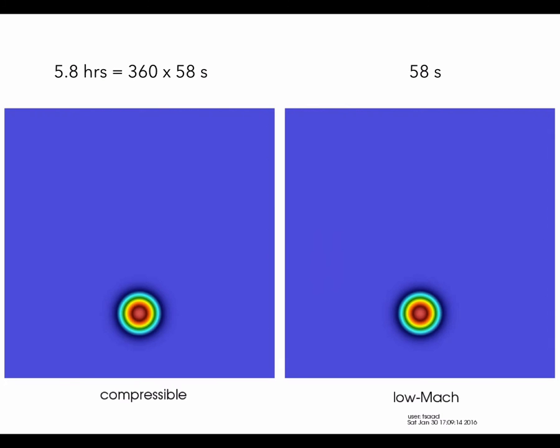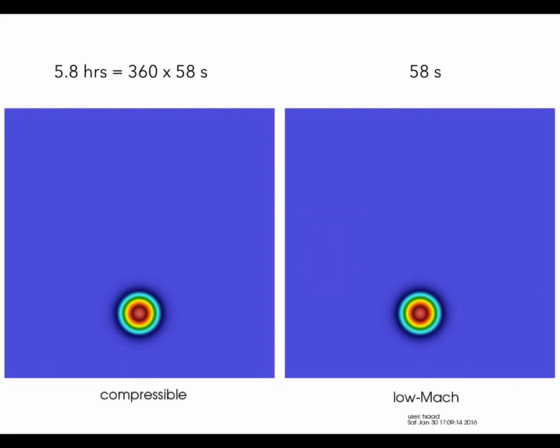Let me show you a simulation I did for a similar problem using a low-Mach algorithm, think of an incompressible flow algorithm, and a fully compressible algorithm. I tried to make the problem as identical as possible. You cannot get it exactly the same because of diffusion coefficients, heat transfer coefficients and other properties, but they are qualitatively almost identical.